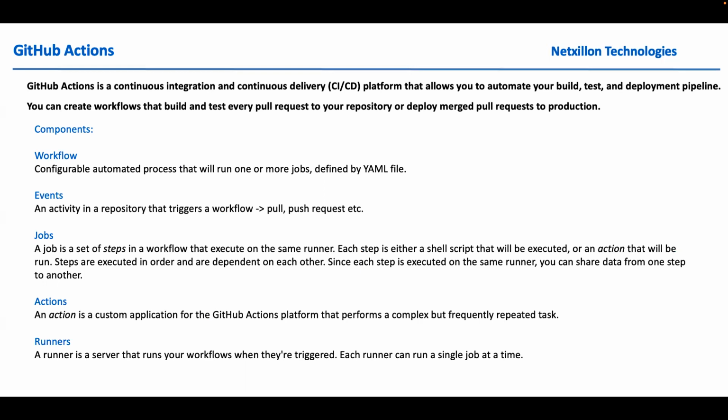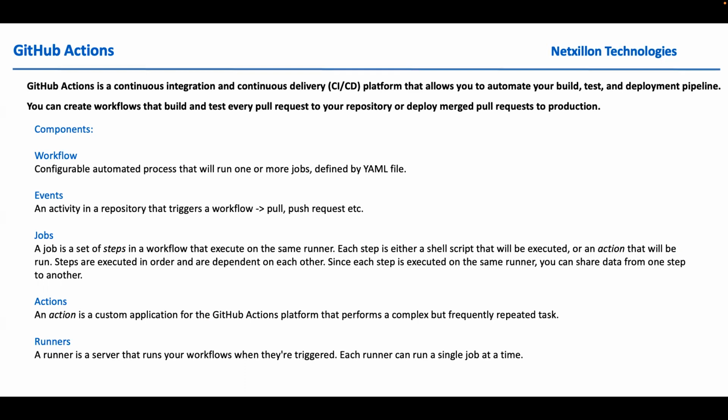In the last session, we talked about GitHub Action. GitHub Action is a CI/CD platform that allows you to automate your build, test, and deployment pipelines. The whole concept is that you create a workflow. A workflow will have some jobs.